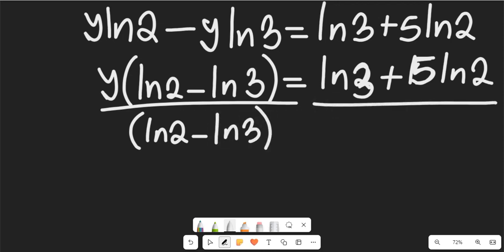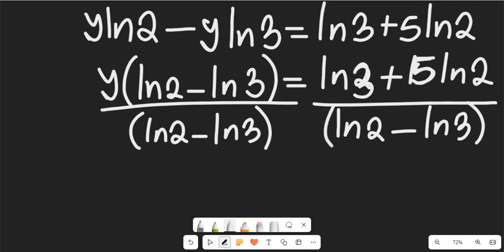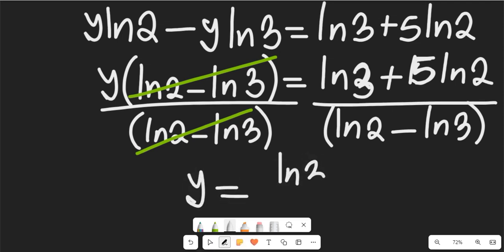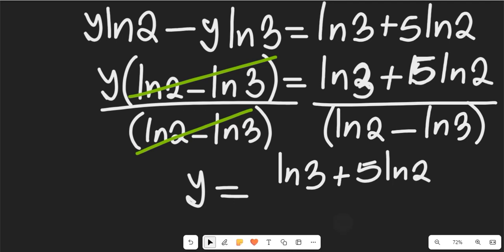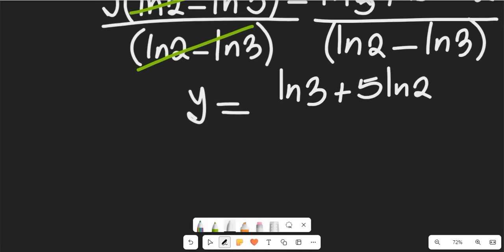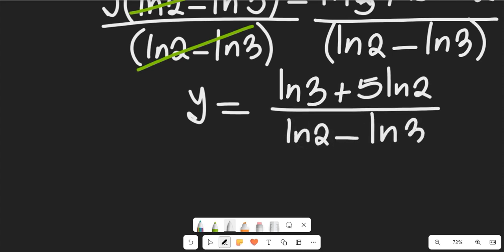Same over here, the natural log of 2 minus the natural log of 3. And from here, you see that this will simply clear this, and then I'll have my y equal to the natural log of 3 plus 5 multiplied by the natural log of 2, all divided by the natural log of 2 minus the natural log of 3.